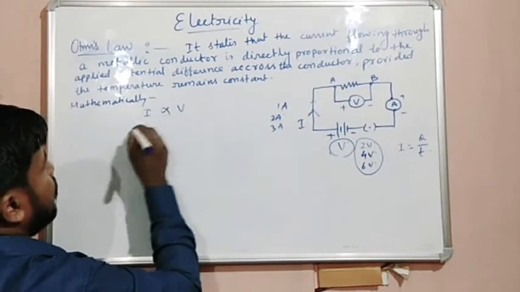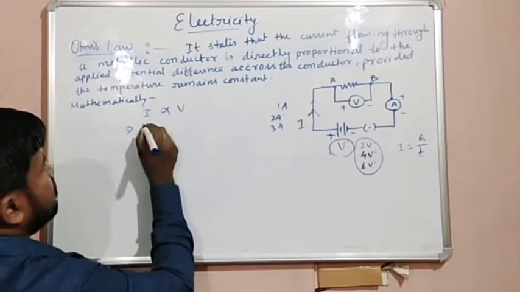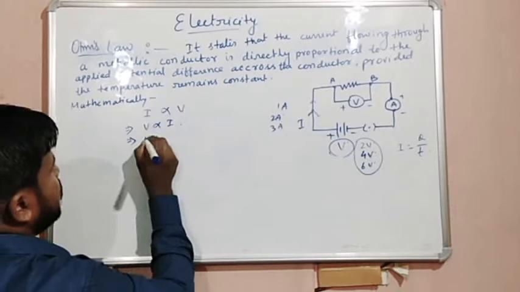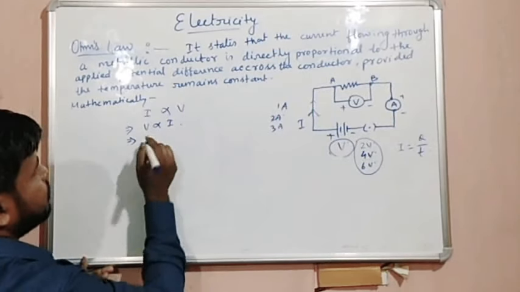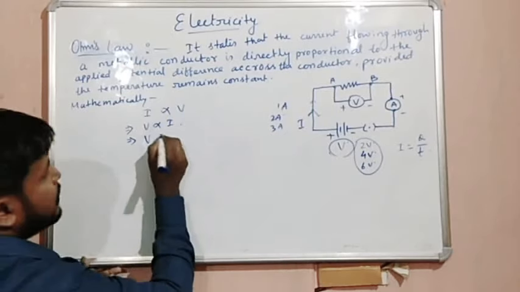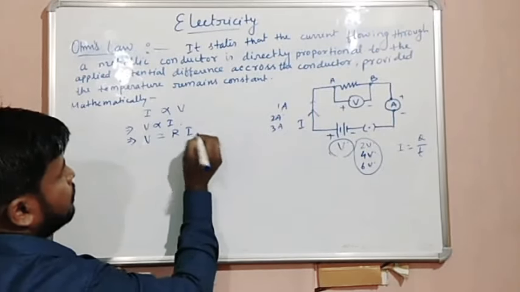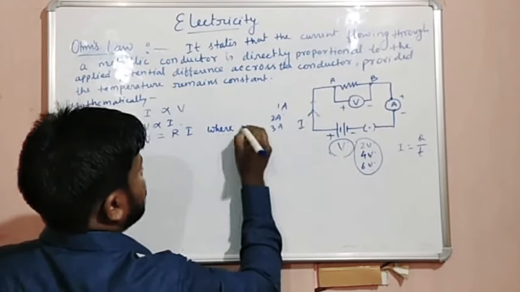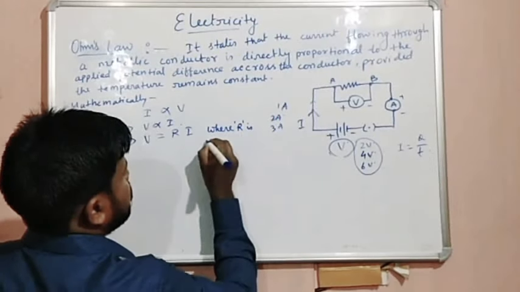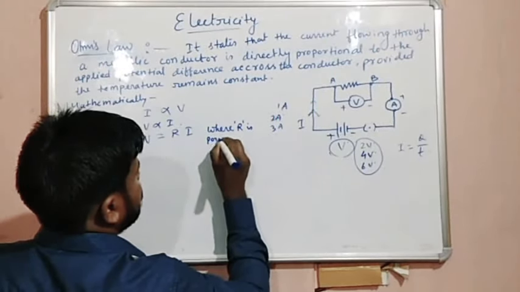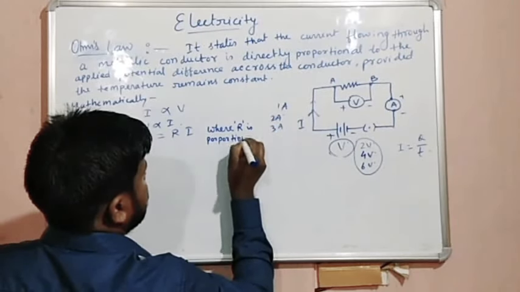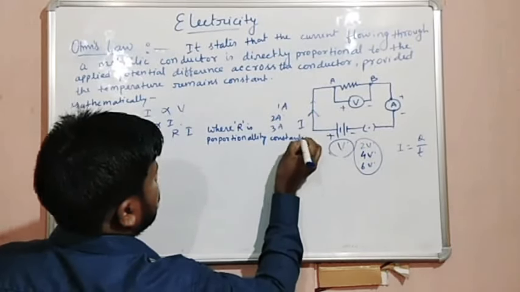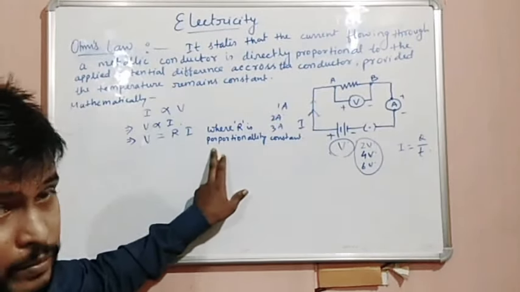So I is proportional to V or vice versa. So I can write this implies V is proportional to I. If you remove this proportionality sign, what will be here? The constant, where R is the proportionality constant.